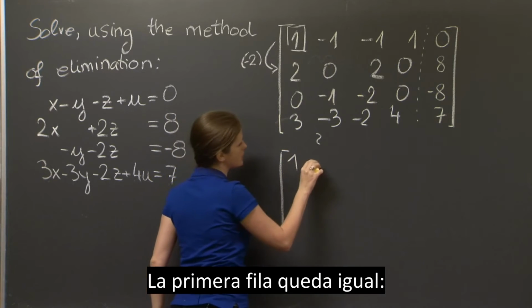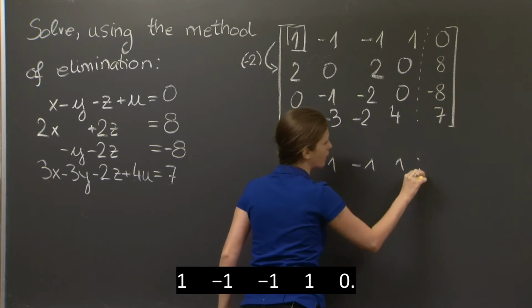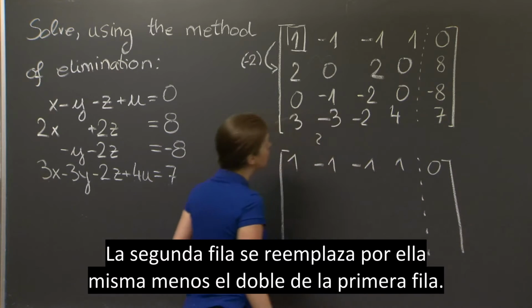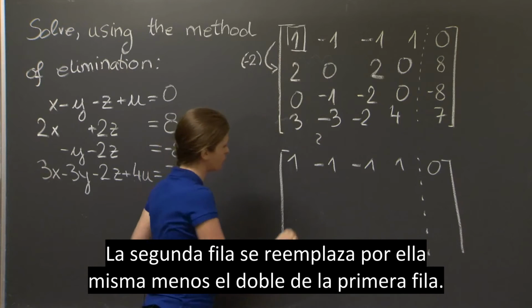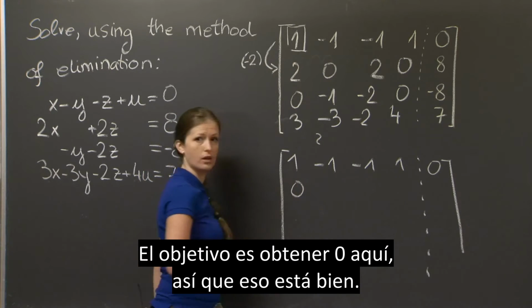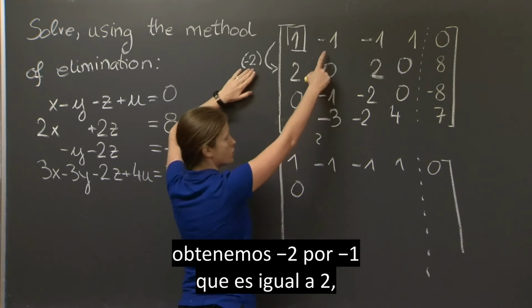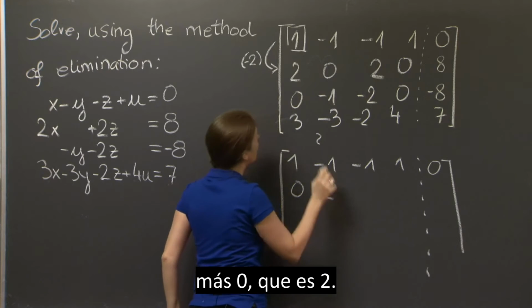The first row stays the same. 1, minus 1, minus 1, 1, 0. The second row gets replaced by the second row minus 2 times the first row. The aim of that is to get a 0 here. So that's good. Next, on this position here, we get minus 2 times minus 1, which is 2, plus 0, which is 2.